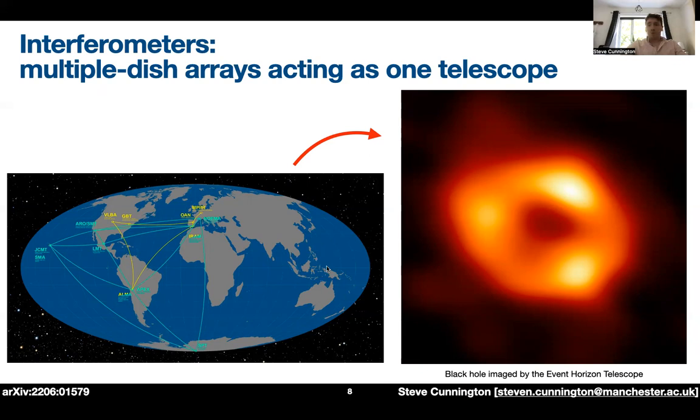The best example to demonstrate this is the recent results from the Event Horizon Telescope, where they linked up all these different radio dishes, literally on global scales, in order to achieve the exquisite resolution to resolve a black hole many light years away.